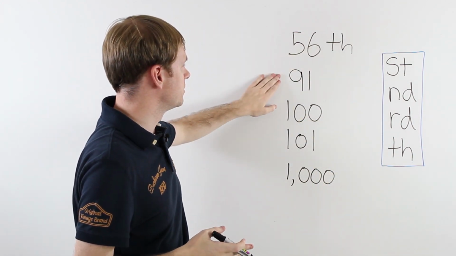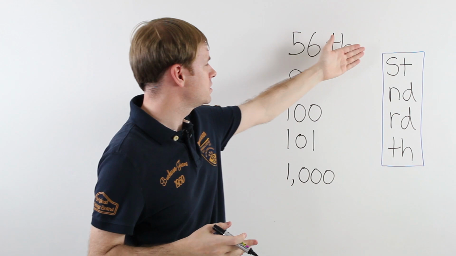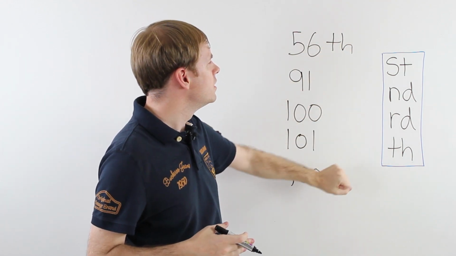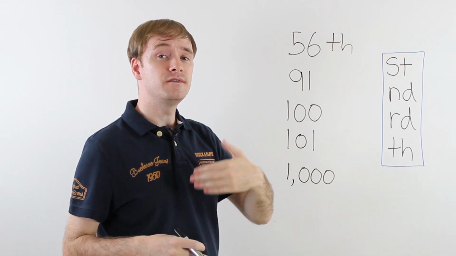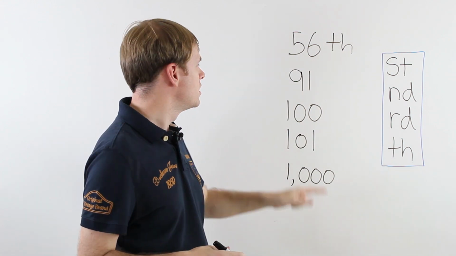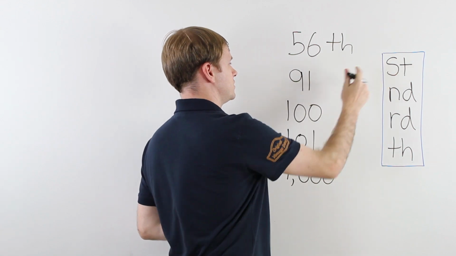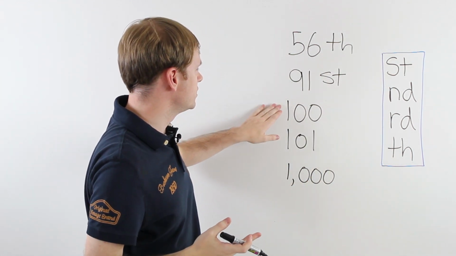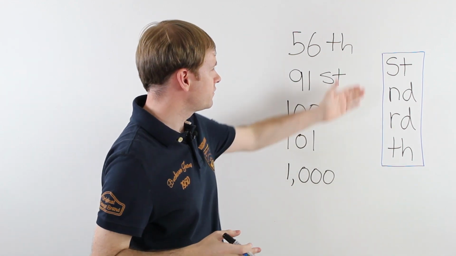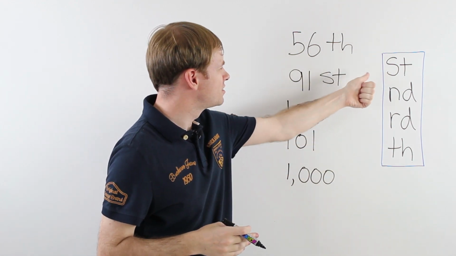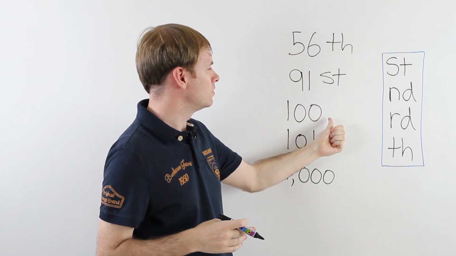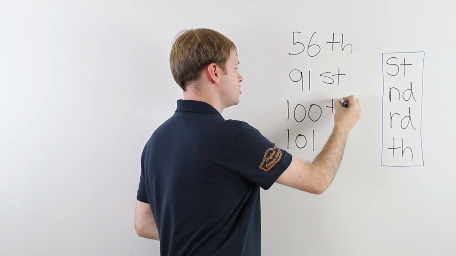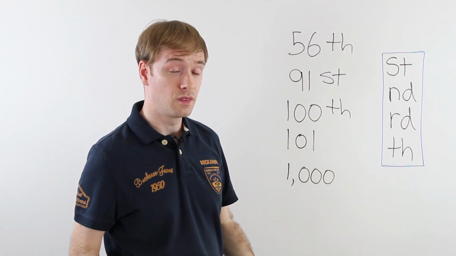Let's move on to the next number. 91, well, what's the ordinal number? 91th? No. This is going to be like 21st and 31st. This is going to be 91st. All right, the next one is 100. So we have to choose one of these. 100th, okay, it's going to be the TH. 100th.